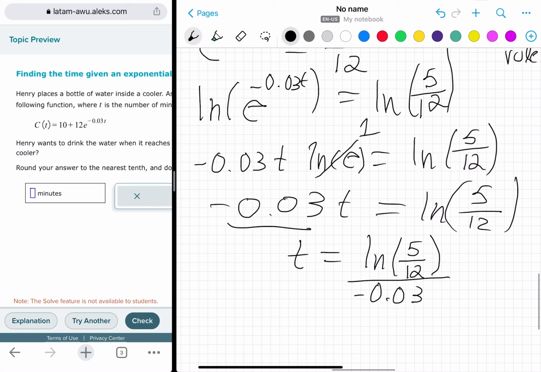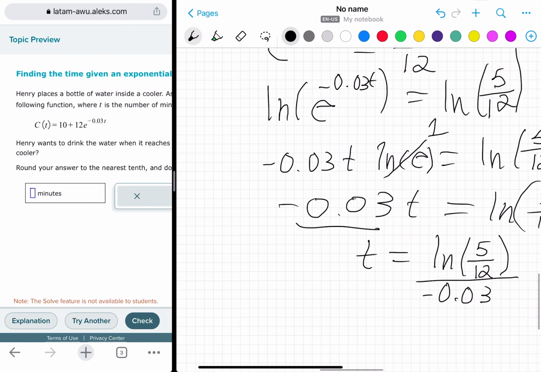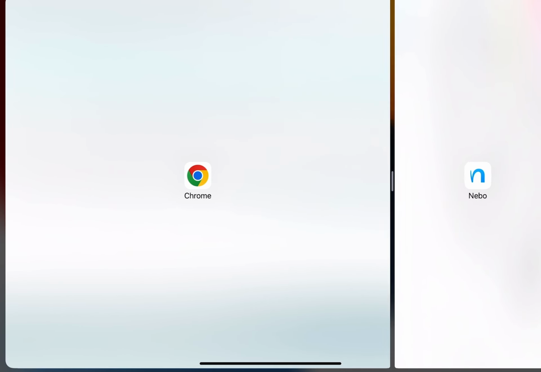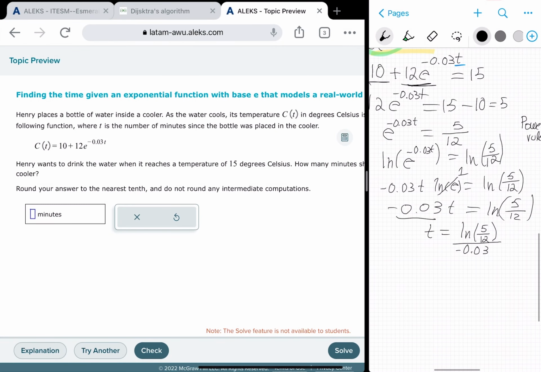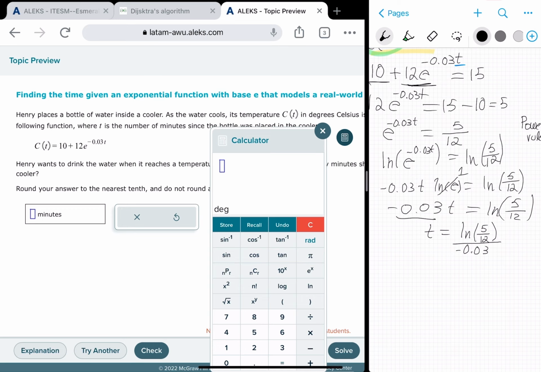For this one, ALEKS is asking me to give an approximation. So I have to round this number, but first I need to compute it. So I will use the ALEKS calculator, and I will have the natural logarithm of 5 over 12, all of that over negative 0.03.